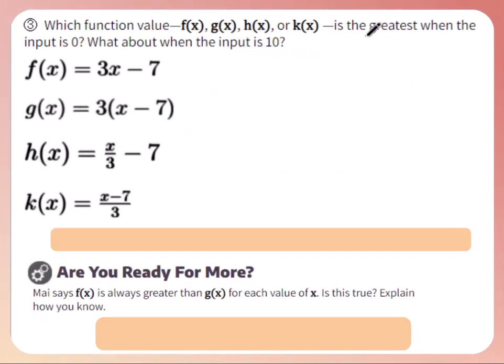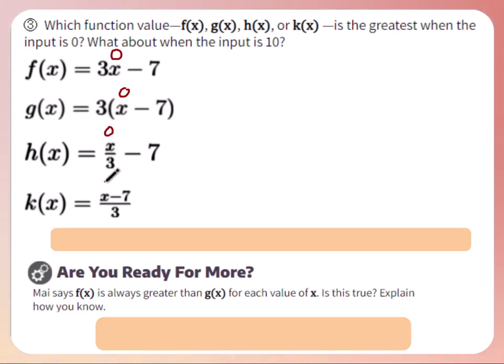Let's go to question 3. Which function value, f of x, g of x, h of x, or k of x, is the greatest when the input is 0? So we're going to substitute 0 for x, and we're going to simplify.